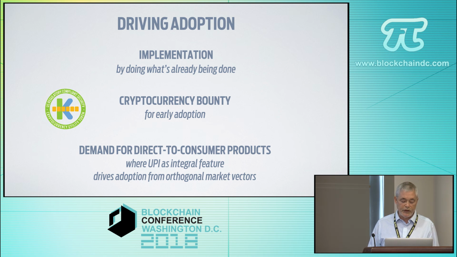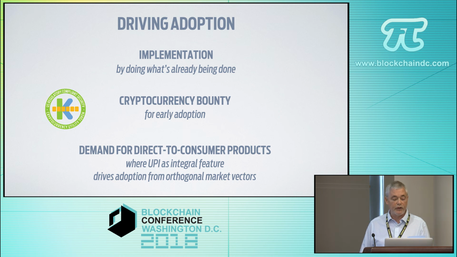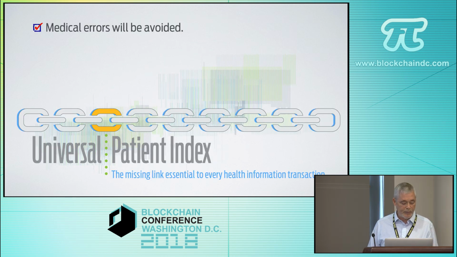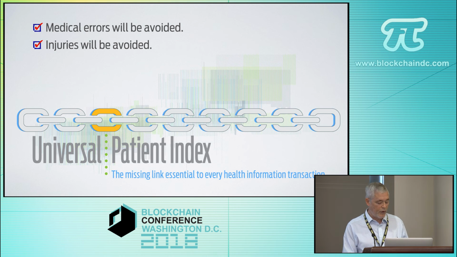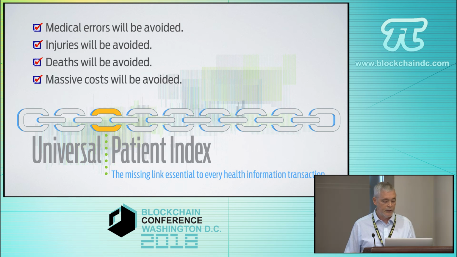By crowdsourcing implementation, strategically using Calibrate Coin bounties, and deployment of orthogonal demand vectors, we can instantiate the Universal Patient Index to solve the massive unsolved problem in healthcare. Medical errors will be avoided, injuries will be avoided, deaths will be avoided, massive costs will be avoided.